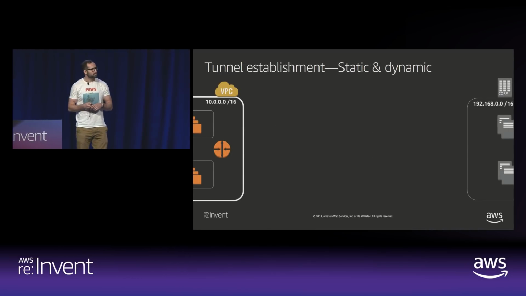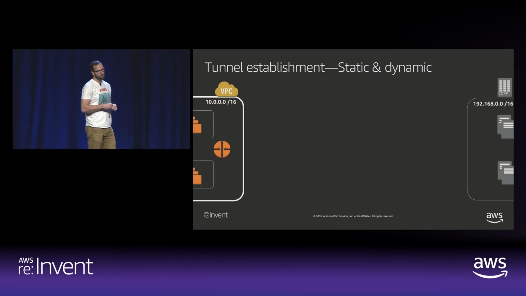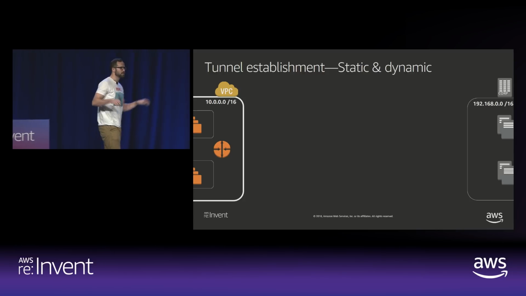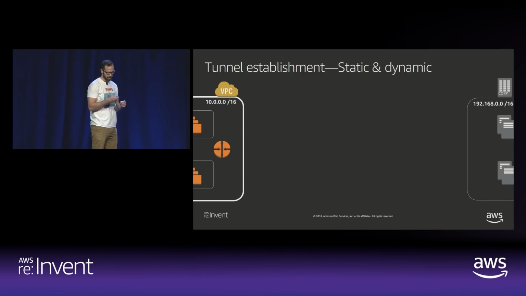All right. So let's look at something that's common for both static and dynamic VPN before we start looking at the differences, and that's tunnel establishment. So we have here a VPC on the left in the 10.0.0.0/16 range, and we have a data center on the right, 192.168.0.0/16 range. I kind of push them to the side because we're focusing on the middle.